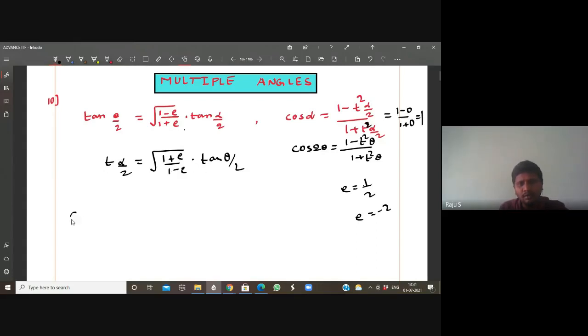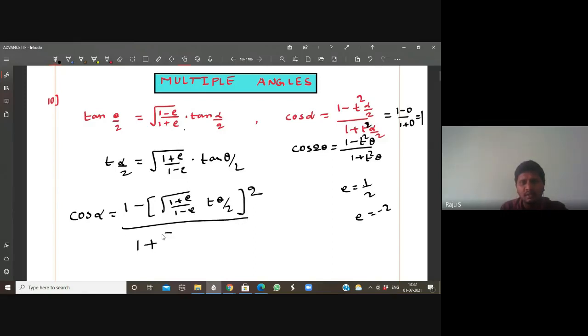So cos alpha = [1 - (root of (1 + e)/(1 - e) tan(theta/2))^2] divided by [1 + (root of (1 + e)/(1 - e) tan(theta/2))^2].